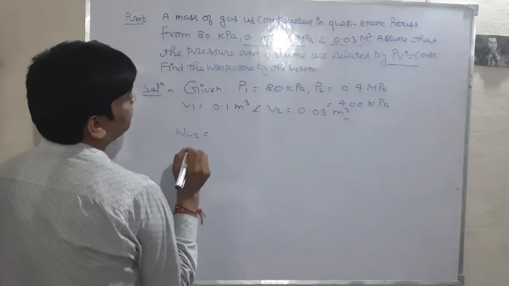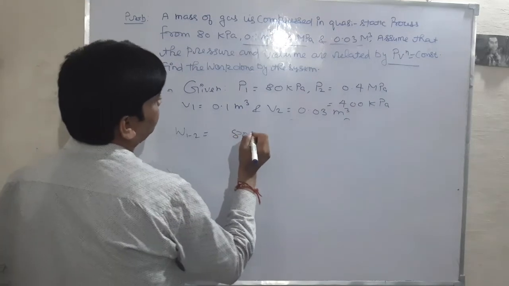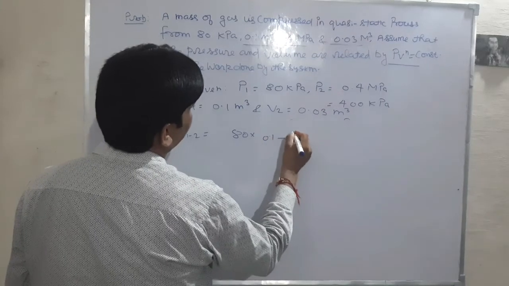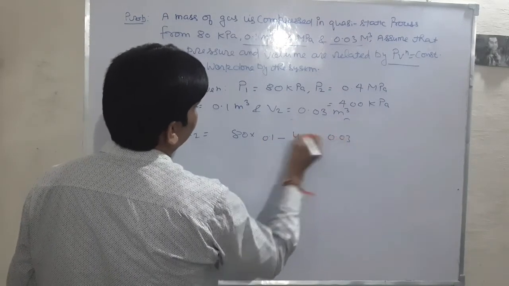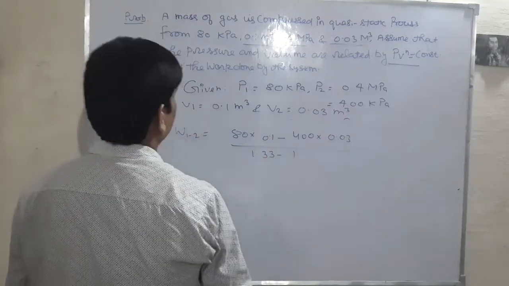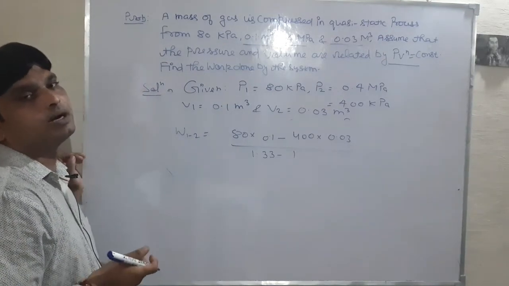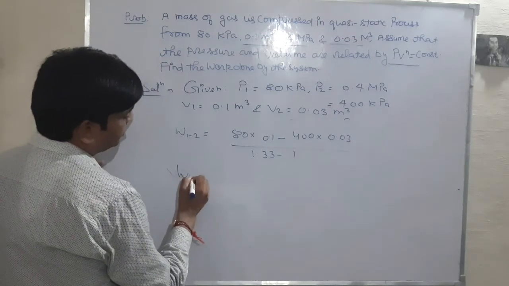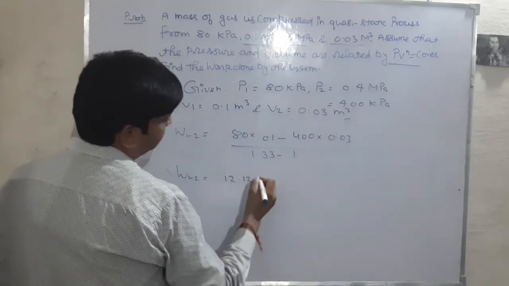W1-2 equal to P1, that is 80, V1 that is 0.1, minus P2 that is 400, V2 that is 0.03, divided by 1.33 minus 1, and after calculation the value of work done will be W1-2 equal to 12.12 kilojoule.